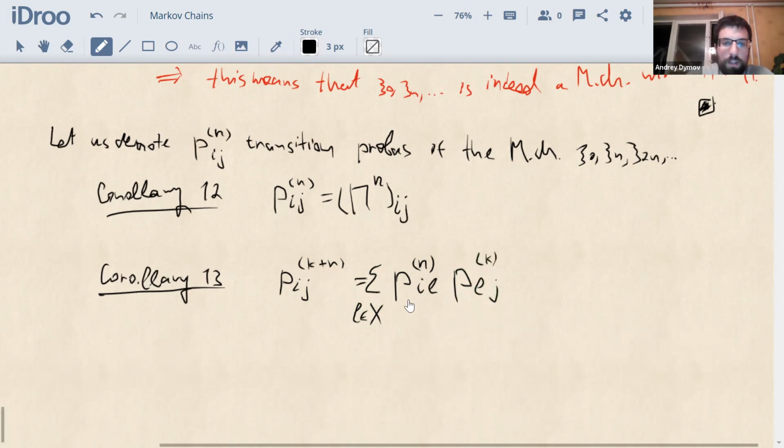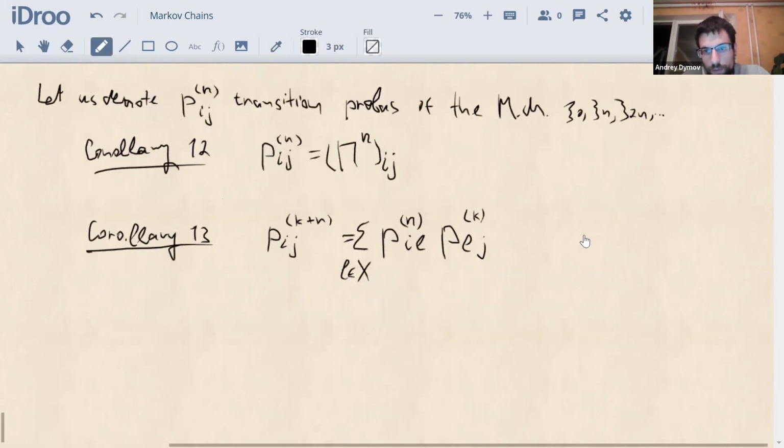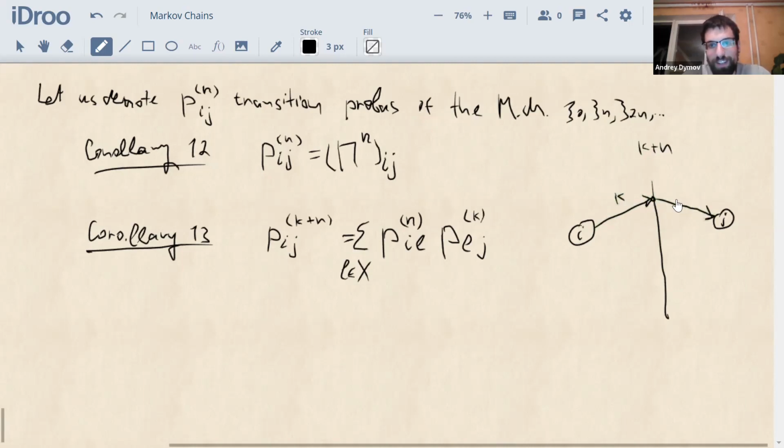So if you wish to pass from the position i to the position j in k plus n steps, then you should arrive to some position L in n steps and then go from this position in k steps, and then you should sum up over all these intermediate positions L.